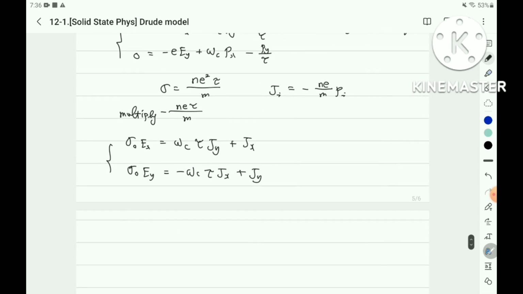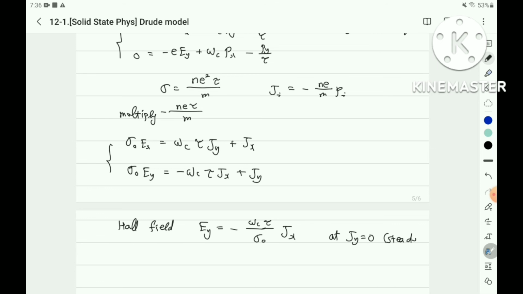And the Hall effect, the Hall field, we define the Hall field by the y direction electric field as minus omega c tau over sigma 0 Jx at the steady state, where Jy equals 0.